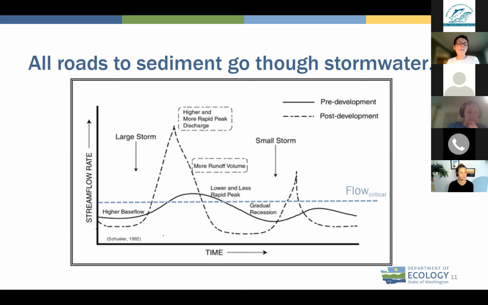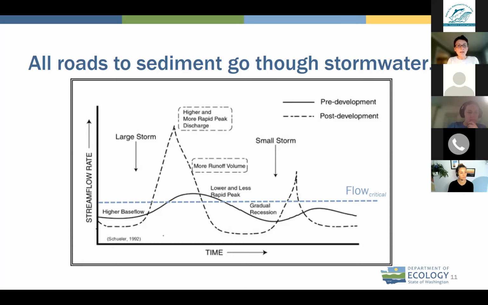We will call the flow needed to mobilize sediment flow critical. And as you can see from the graph, there are times when the same storm can cause some spikes in the hydrograph and some erosion under post-development conditions, but would not have had the same effect under forested conditions.